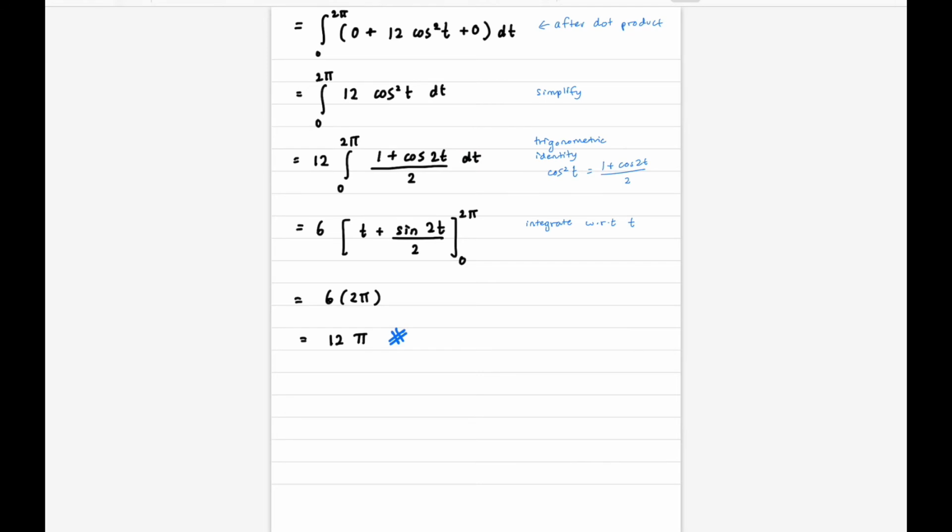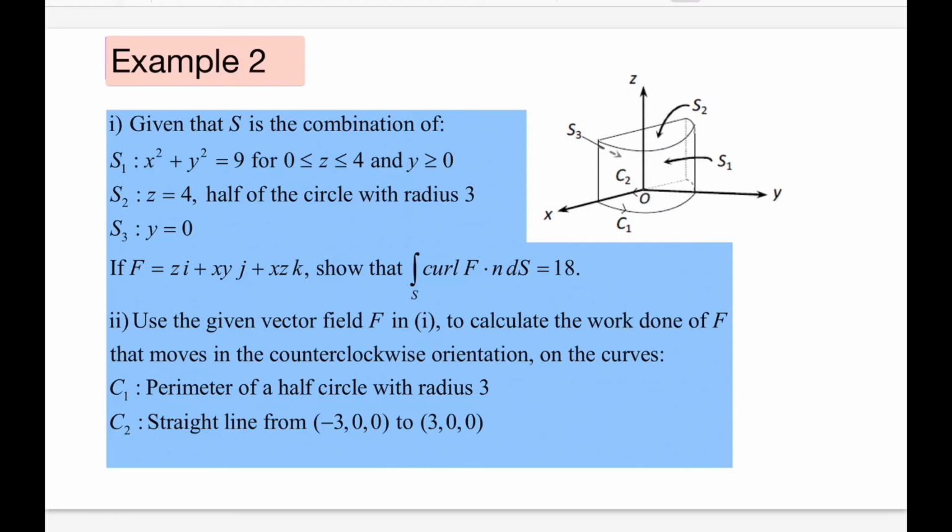Integrate with respect to t. You get 6 times 2 pi, so this is equal to 12 pi. So you can see that the left hand side is equal to the right hand side. So the Stokes theorem is verified.